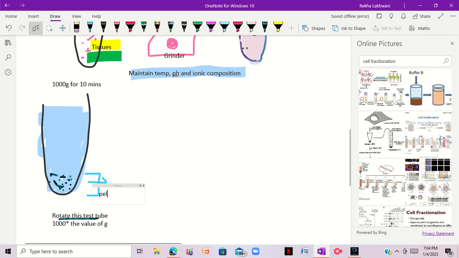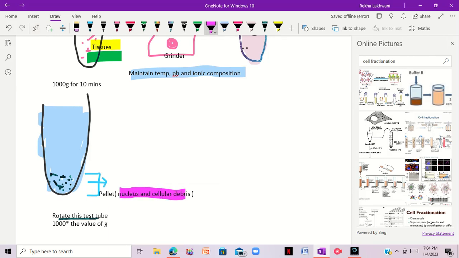This pellet contains nuclei, or nucleus, and cellular debris, because they are the heaviest in a cell and a tissue.